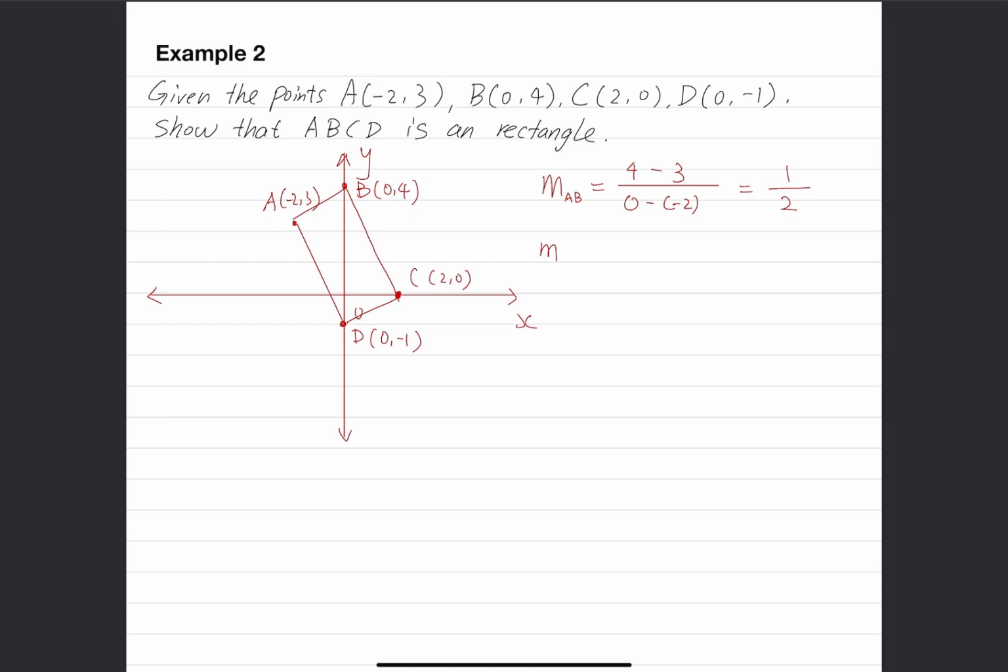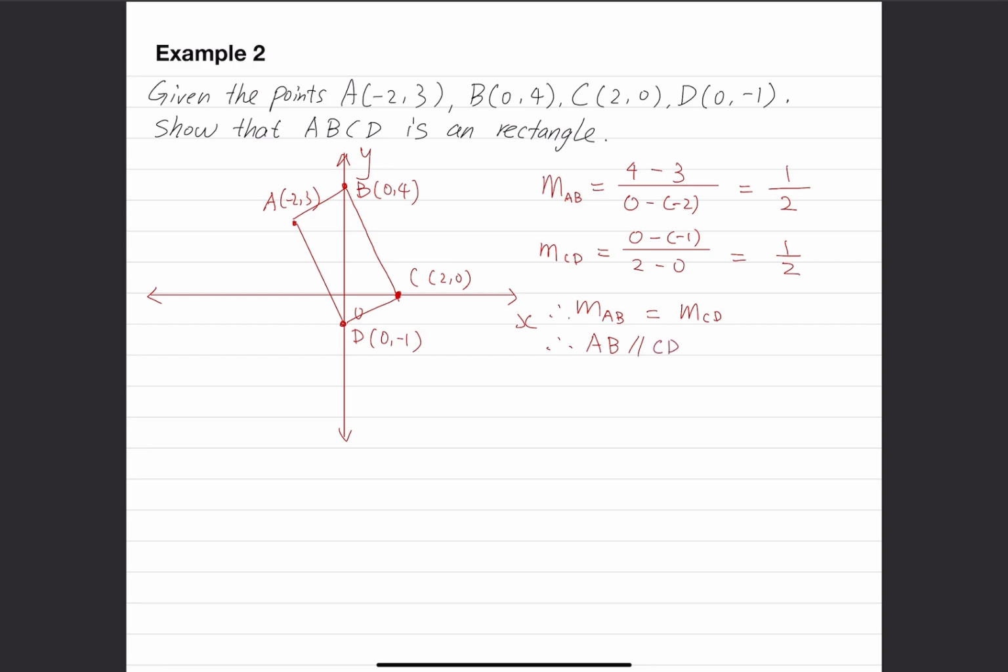So MCD, which should be equal, let's find out. MCD is going to be 0 minus -1 over 2 minus 0, which is indeed half. So therefore, MAB is equal to MCD. Therefore, AB is parallel to CD.